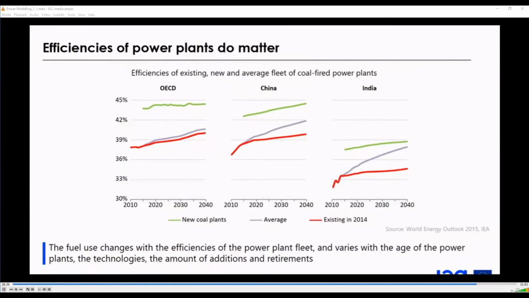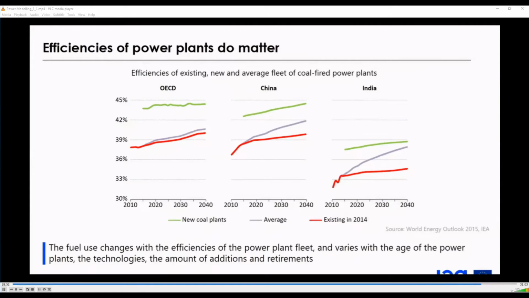So over time, with technical improvements and with aging plants out of the park and more efficient new plants coming in, we can see the evolution.